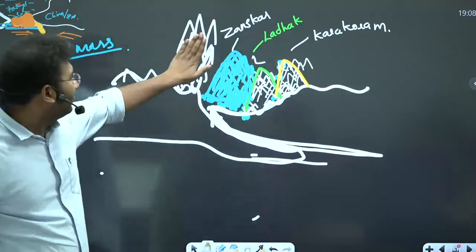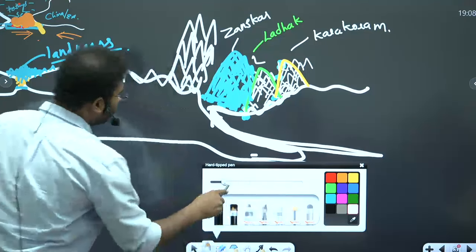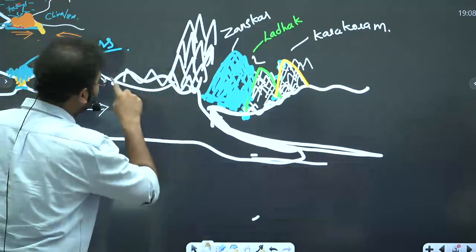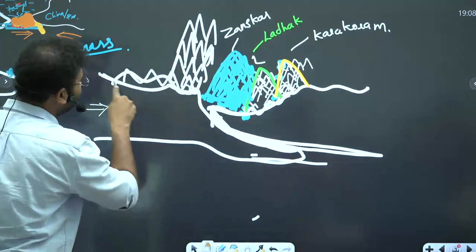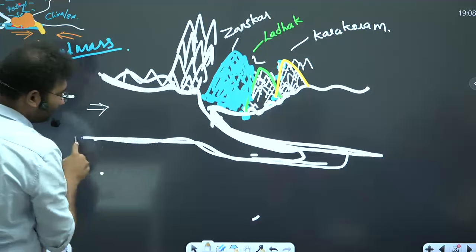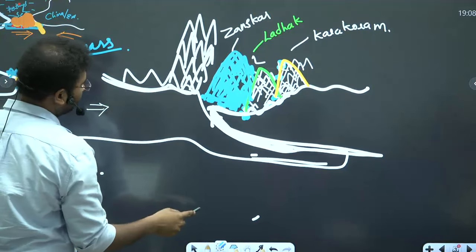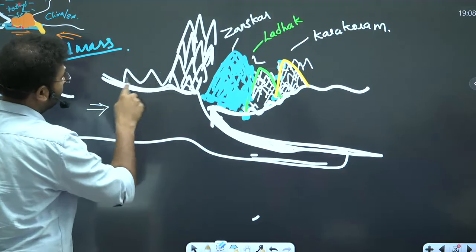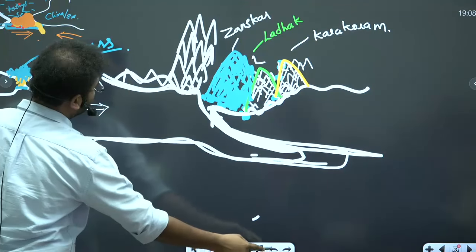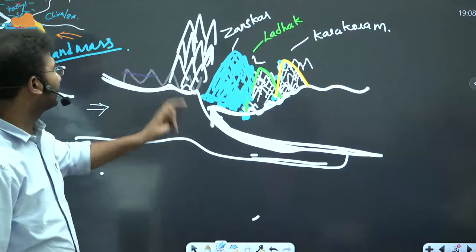If the Himalayas are formed here, then you had some foredeep formations on this part of the area. Yes, this is how your foredeeps were there.